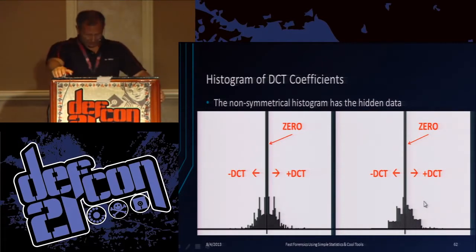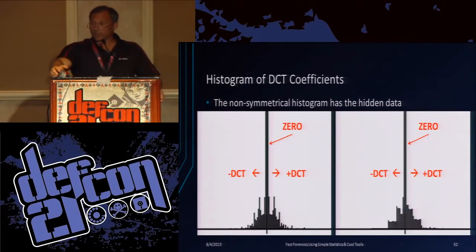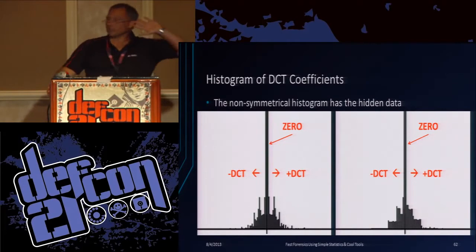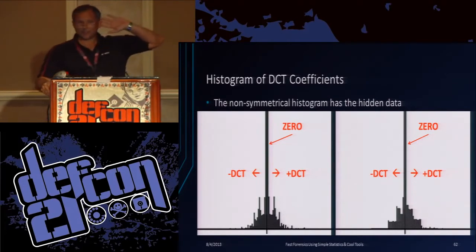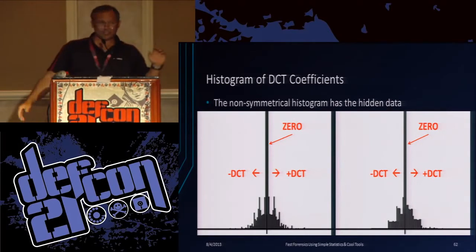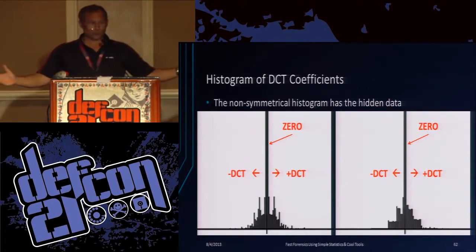Okay, and it's easy to figure out why, because if you are hiding something in a -1 and you change the least significant bit, what does that number become? Nope. If you have a -1 and you change the least significant bit, -2, right.